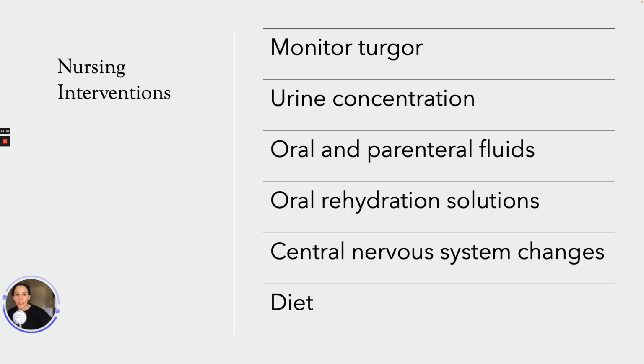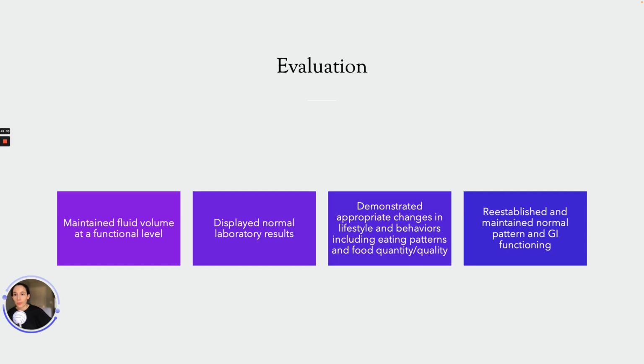We can be aware of central nervous system changes, and we want to be monitoring for these as they can look like lethargy, lead to seizures, they can have confusion, muscle twitching. And we can also adjust the diet, so we can encourage the intake of electrolytes that are deficient or restrict the intake of electrolytes that are excessive.